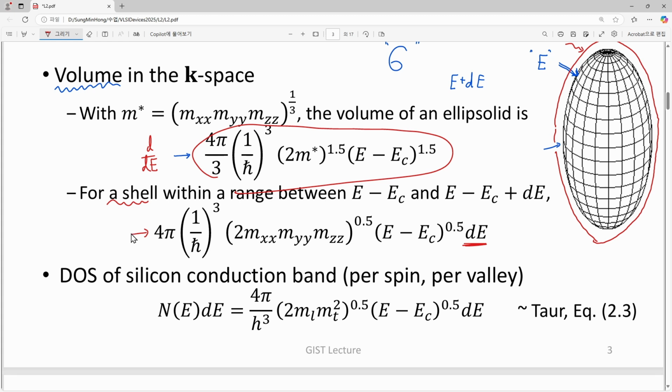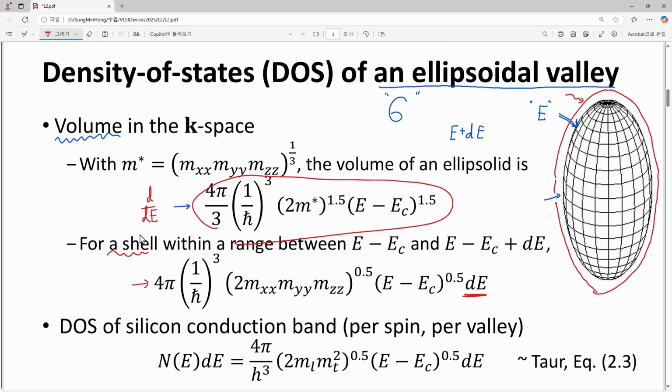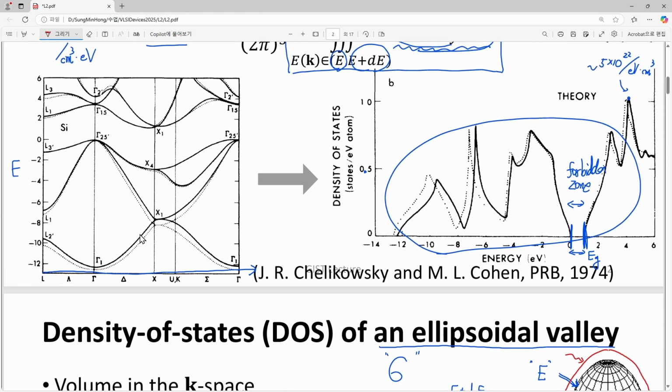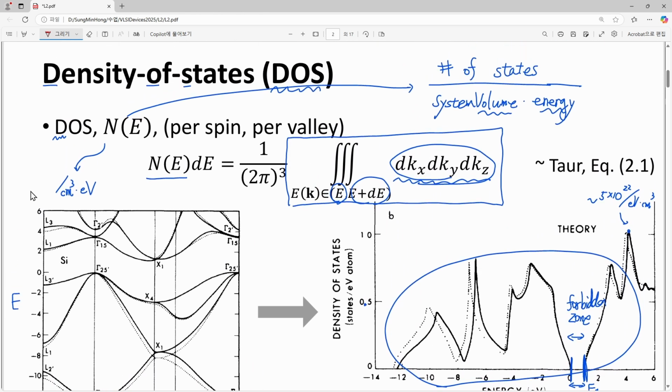That will give you the volume of a shell whose thickness is just dE. Then from this volume, you can easily convert it into the density of states. The conversion factor was just 1 over cube of 2 pi.